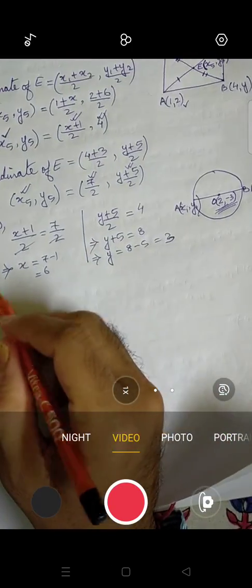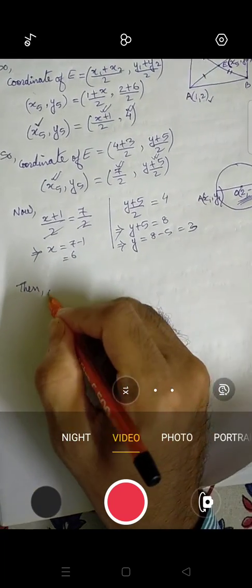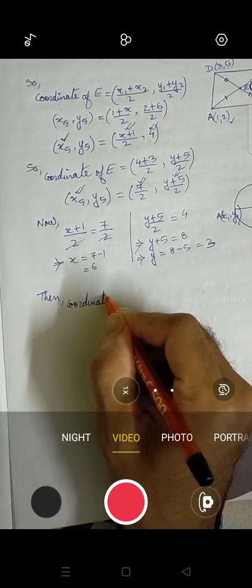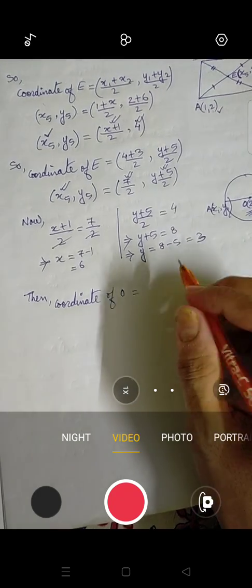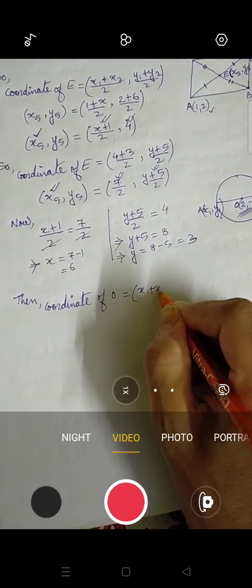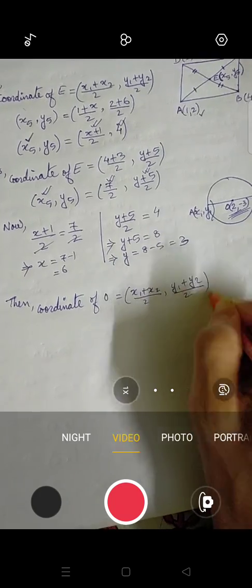Then coordinate of O equals the same formula, (x1 plus x2) by 2 comma (y1 plus y2) by 2.